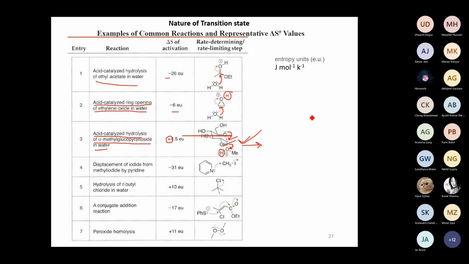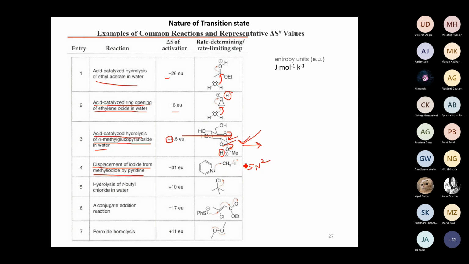If there is any problem, just let me know. The fourth one is the displacement of iodide from methyl iodide by pyridine. This is a kind of SN2 type of reaction. So the pyridine is attacking the methyl group and iodide is leaving.